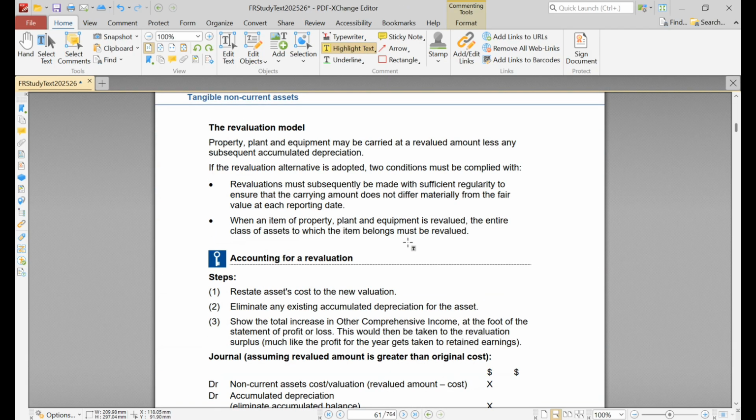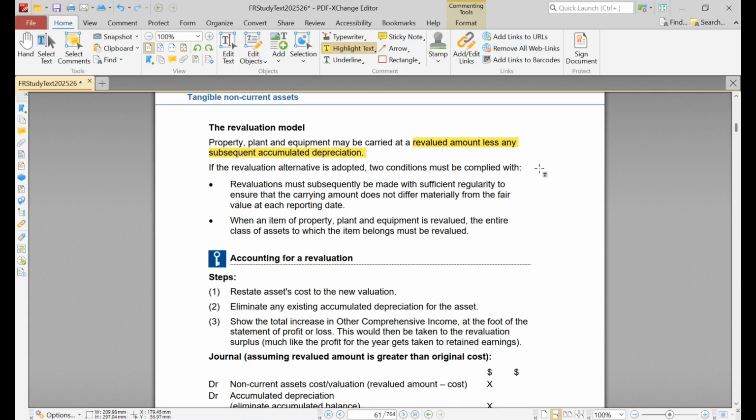Whereas in the revaluation model, property, plant and equipment may be carried at a revalued amount less any subsequent accumulated depreciation. If the revaluation alternative is adopted, two conditions must be complied with.